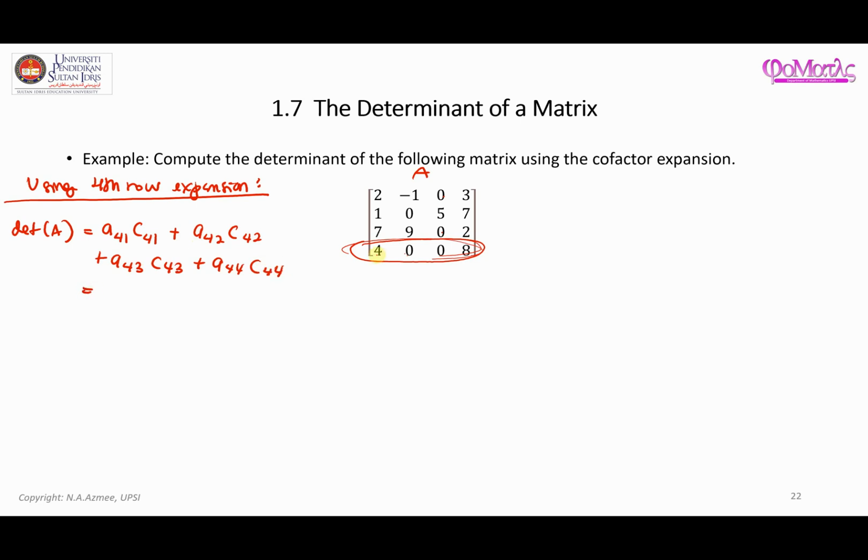We can see this one here is going to be 4 times C41. This is going to be 0, this is going to be 0, so these are cancelled out. And plus 8 C44.